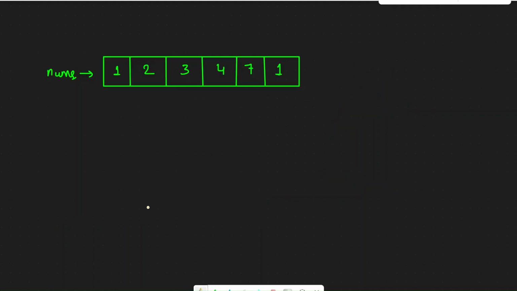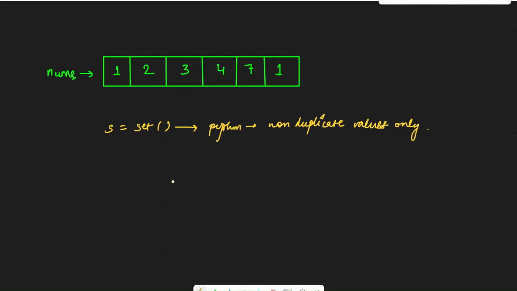So now I have taken this nums array, and now we need to decide whether we need to return true or false, depending on whether there are duplicates present or not. In this case, I'm defining a variable s and it is a set. A set in Python is something that stores non-duplicate values only.